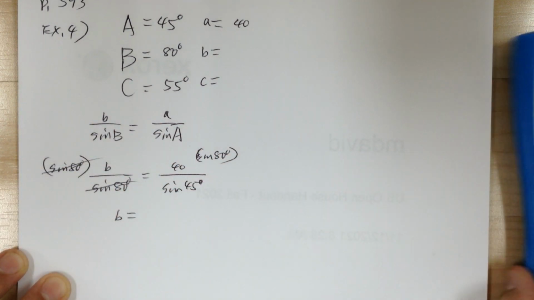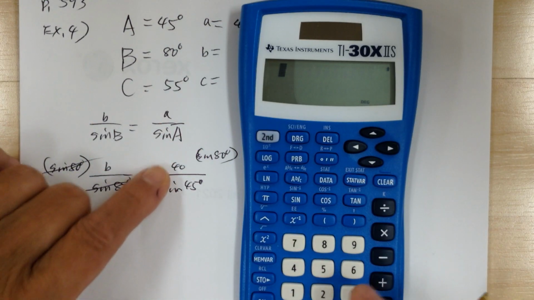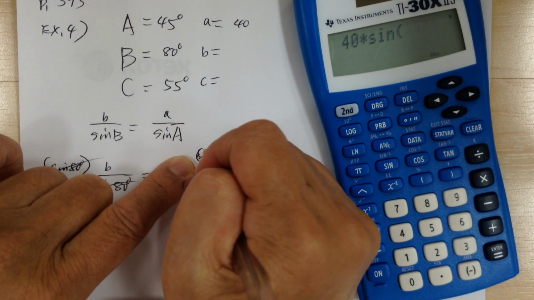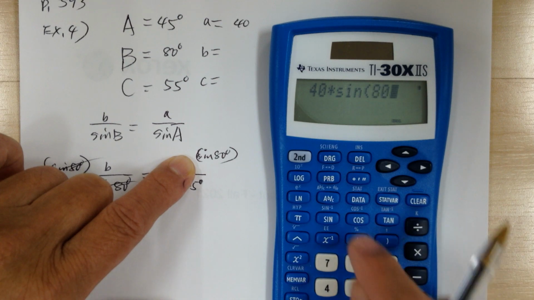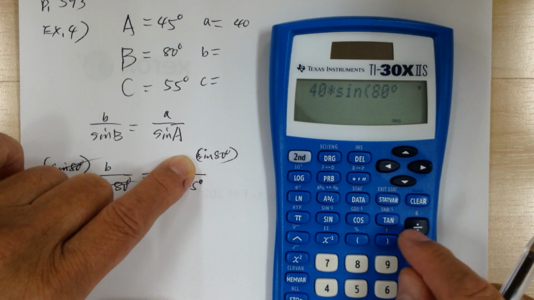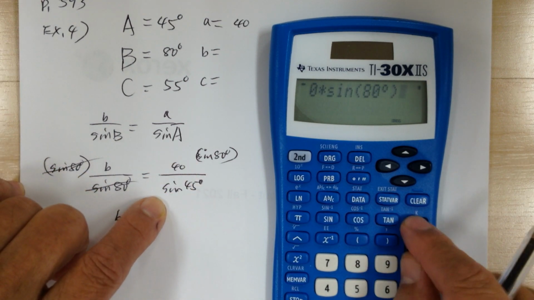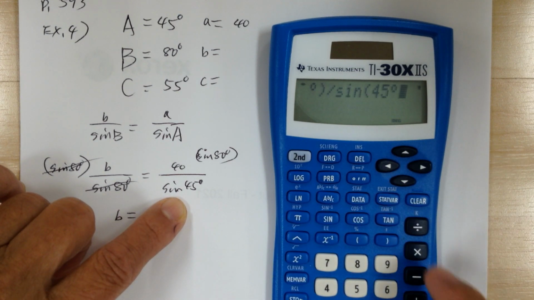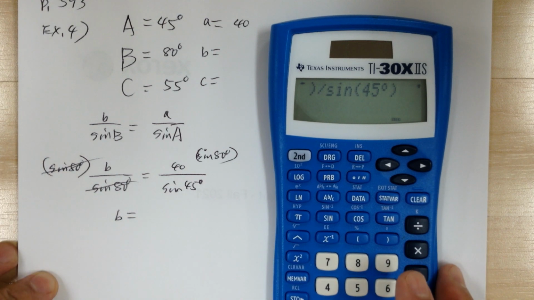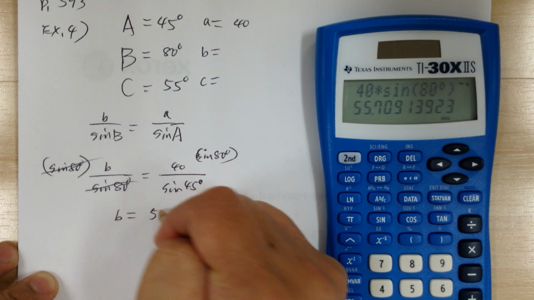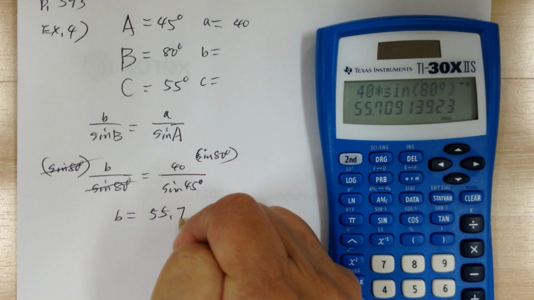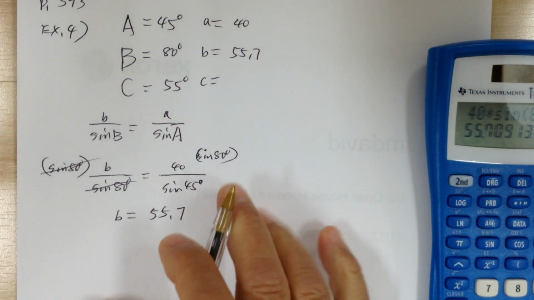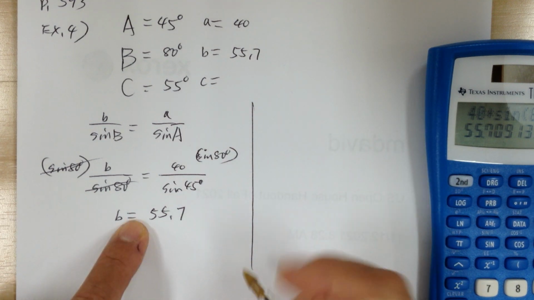So B equals 40 times sine of 80 degrees divided by sine of 45 degrees. Equal, so B will be 55.7. And again, you don't have to worry about the second case because this is the length, right?